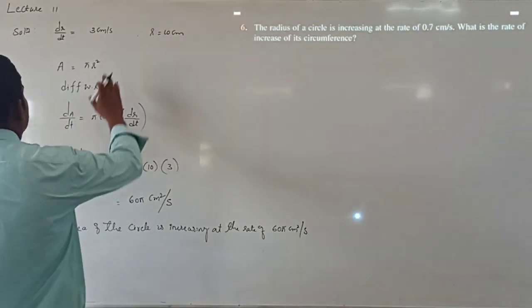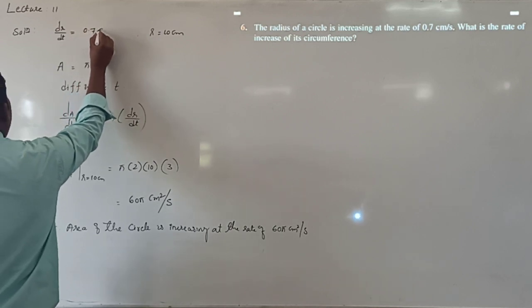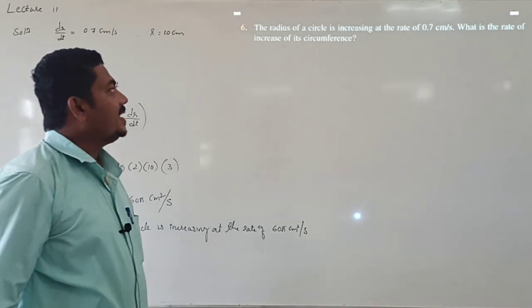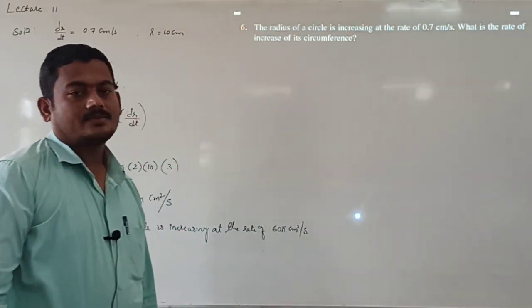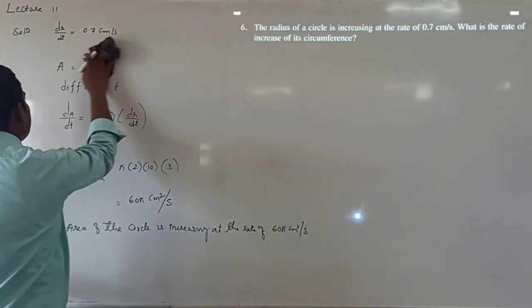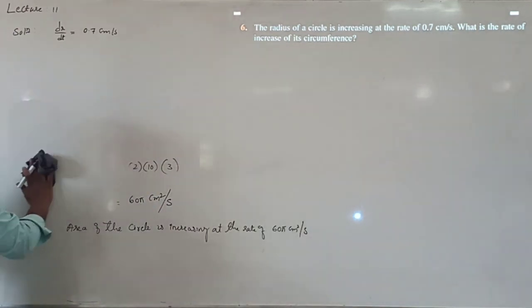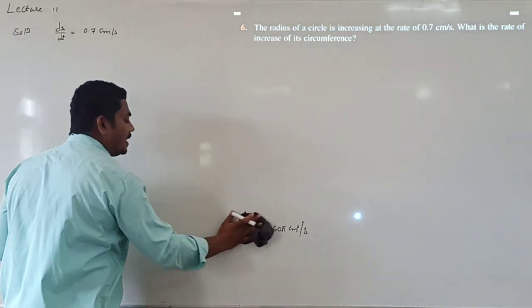In this case also, dr by dt is given, that is 0.7 centimeter per second. What is the rate of increase of its circumference? That is, at what rate is the circumference of the circle increasing?